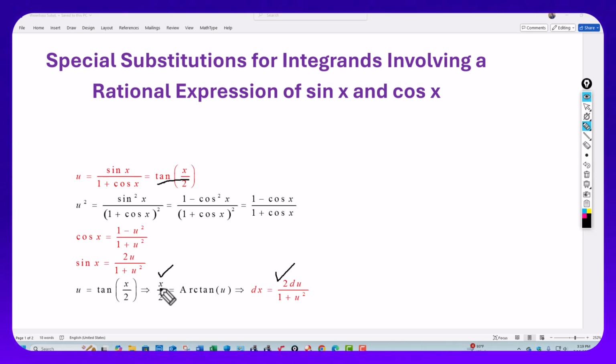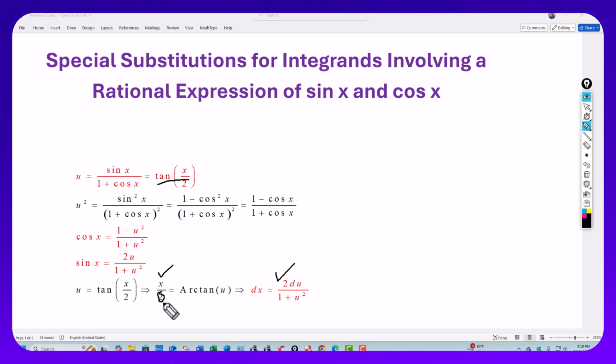And then we take the derivative, what is dx, and the derivative of arctangent is du over 1 plus the square of whatever u is. And then, of course, the 2 comes from this right here.